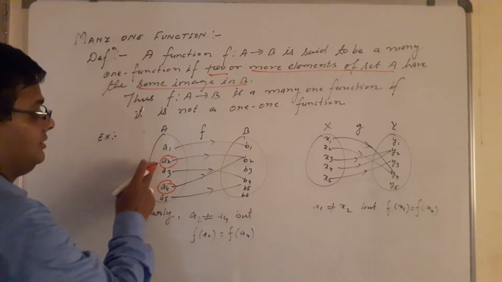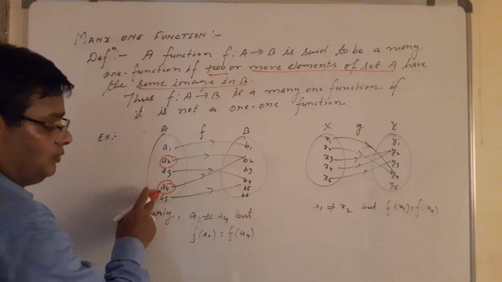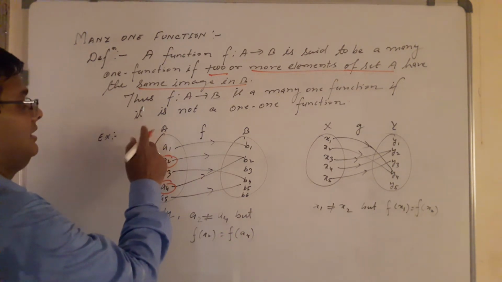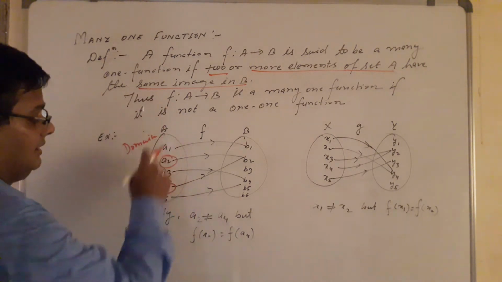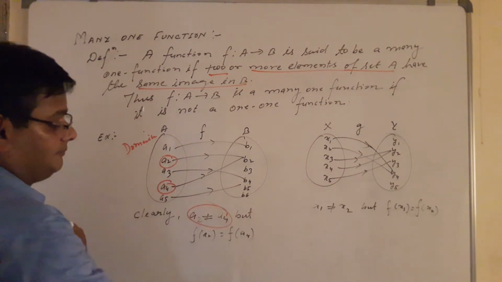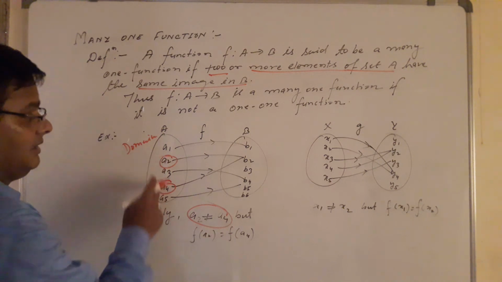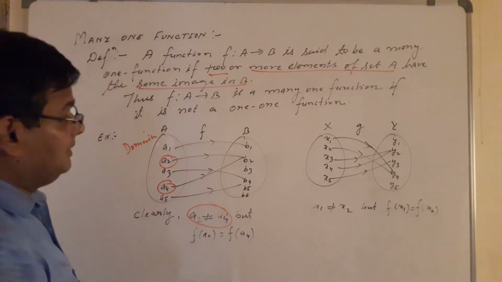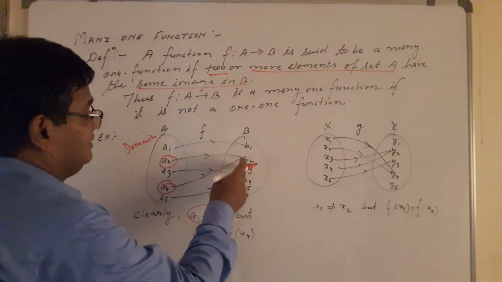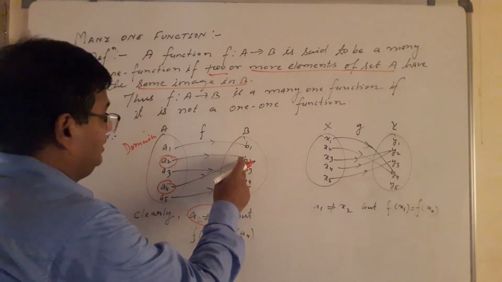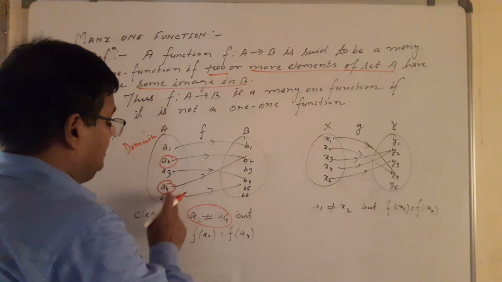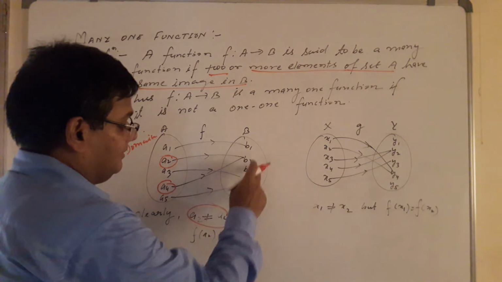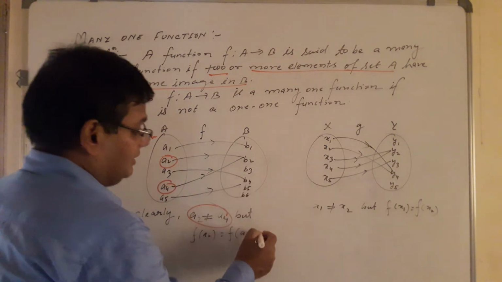See here a2 and a4, two different elements of the domain A, but the image is b2. It means f(a2) and f(a4) have the same image b2.